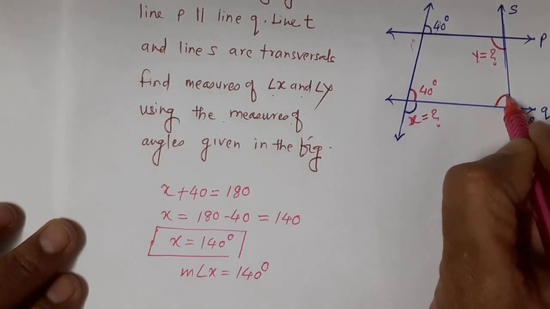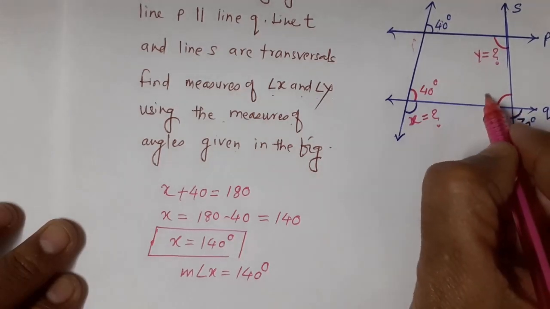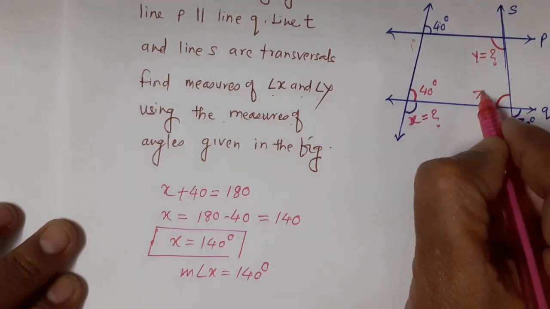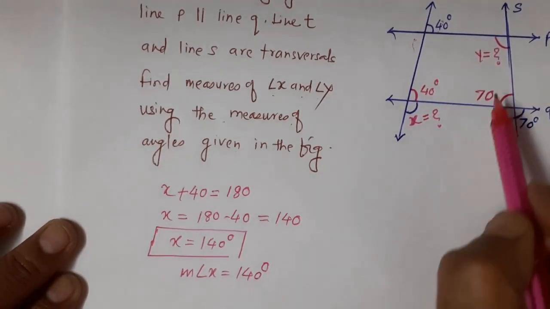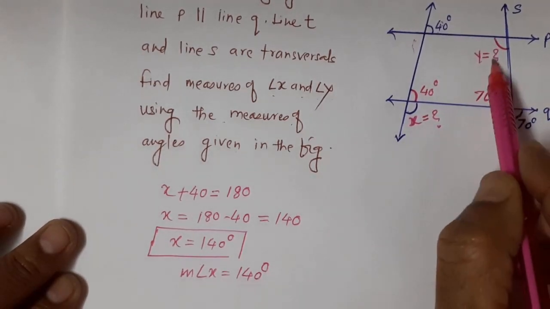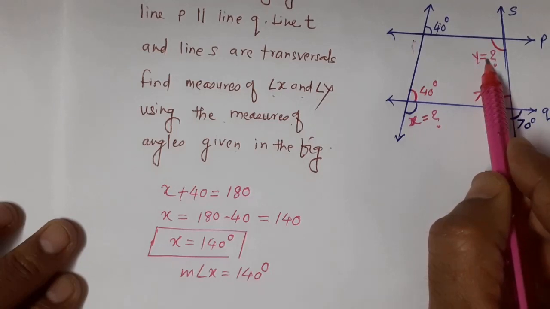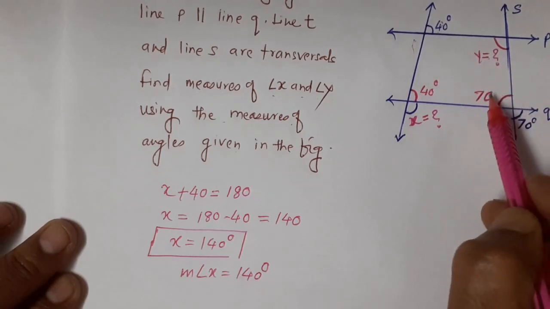Opposite angles are equal, so this is also 70. Now this 70 and y, what are these?